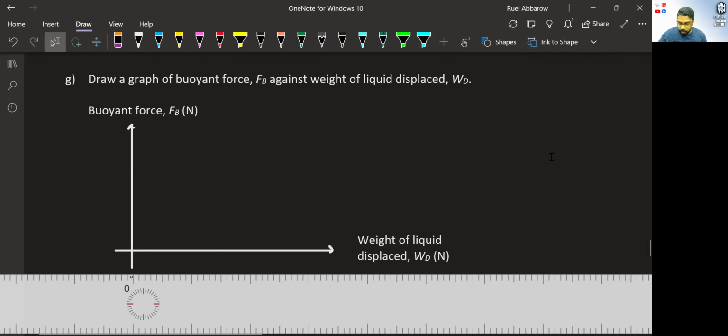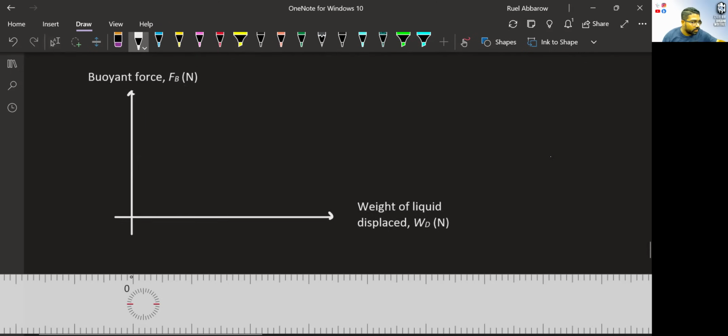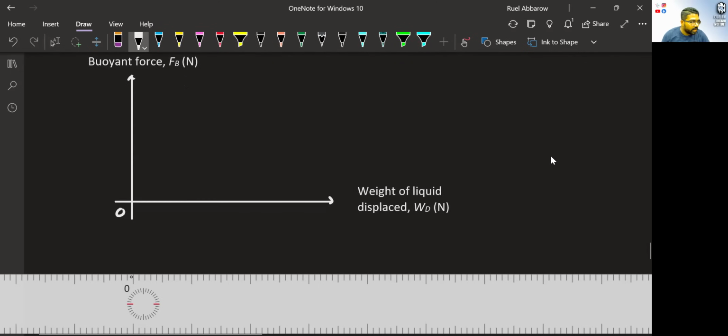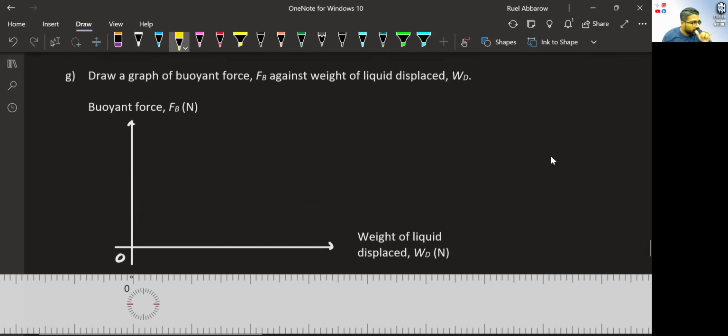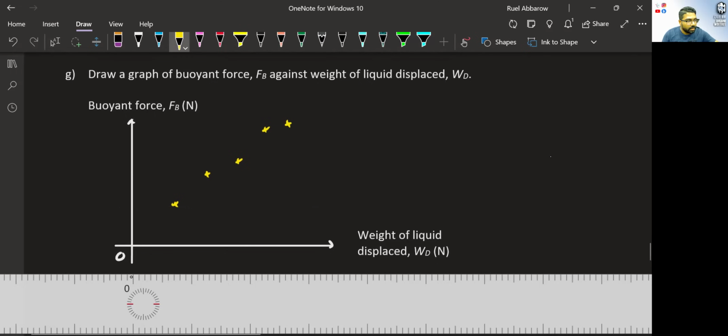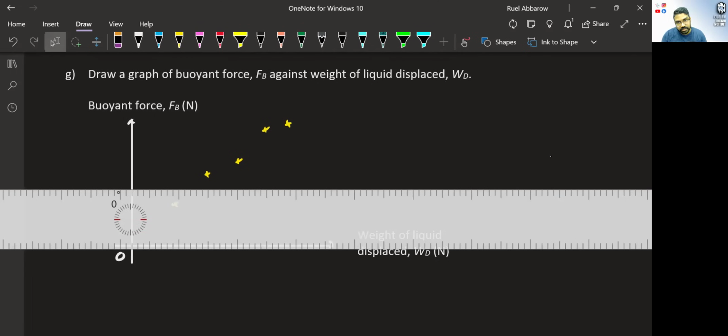Okay, now once you plot your points, you will not get perfectly aligned points. So you might get this, and then here, and then here, and then here, and then maybe the last one somewhere, maybe here. Okay, so now you need to draw a line of best fit.